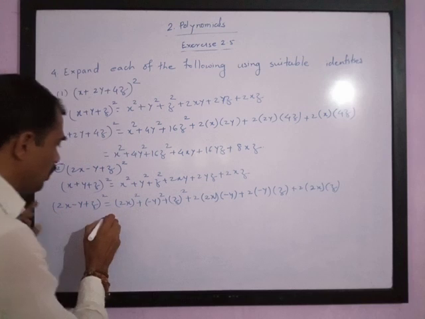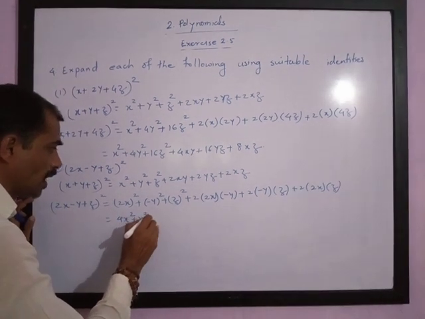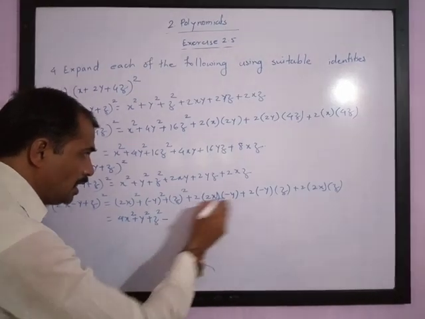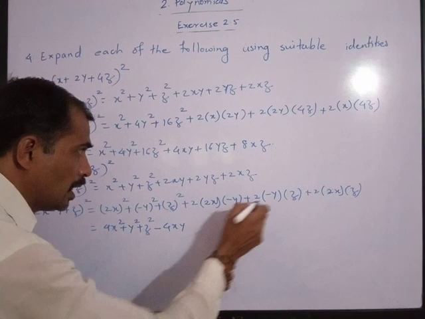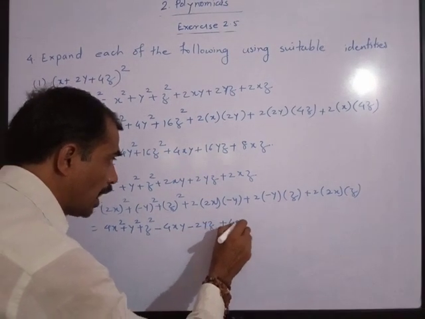So this is equal to 4x square plus y square plus z square minus, understand this, minus 4xy, minus 2yz plus 4xz.